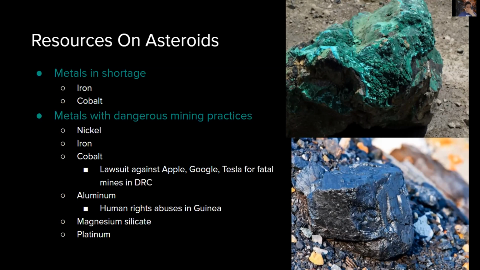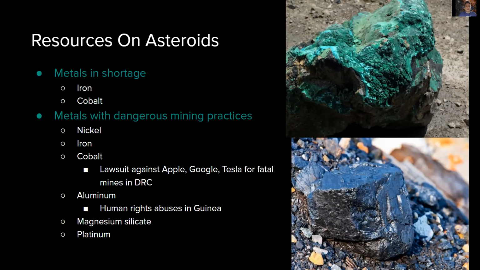And then this is a list of a bunch of different kinds of metals that we currently mine from the Earth that aren't necessarily in shortage, but have super dangerous and super harmful practices that we use to mine them. Cobalt, again, is a big one. Most of that comes from the Democratic Republic of the Congo, where there's been a lawsuit filed for the deaths of some child laborers that have been in the mines. And there's all kinds of horrible things that happen to the miners, even the adults.